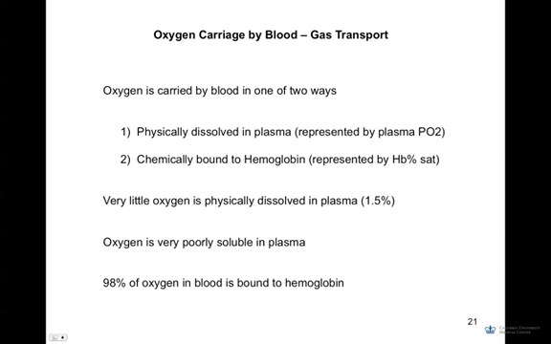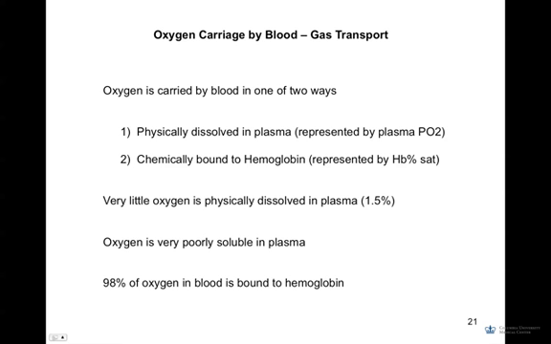So between these two, far more oxygen in a volume of whole blood can be found chemically bound to hemoglobin compared to physically dissolved in plasma. The reason for that is that oxygen is a relatively nonpolar molecule. Molecular oxygen, written as O2, is a fairly nonpolar molecule, and so it doesn't really dissolve very well in plasma.